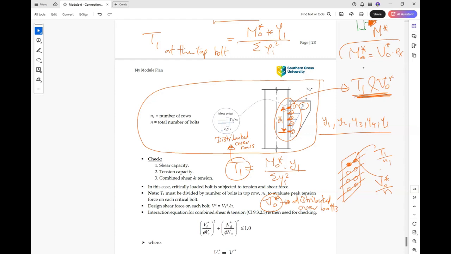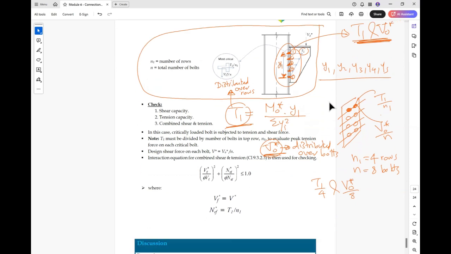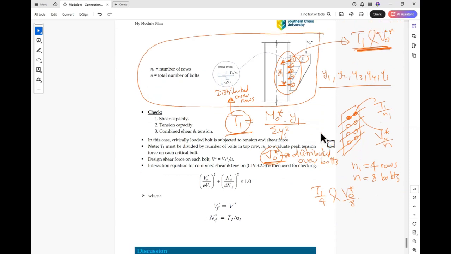For example here, N1 is 4 rows and N is 8 bolts. So you will find T1 and V star. Each bolt will take T1 over 4 and V star O over 8. So these are the design forces on the bolts.